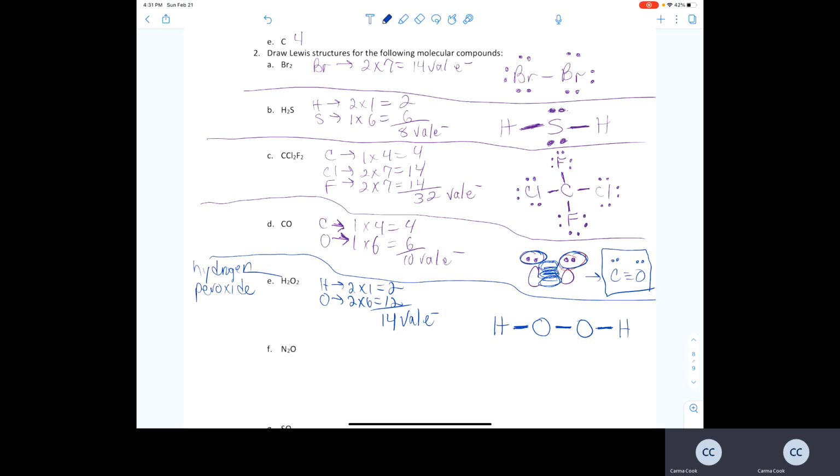So the remaining electrons that I need to put in are 8, and I'm going to put those, 2, 4, 6, 8, around the oxygens. Now the oxygens are happy. They have 2, 4, 6, 8 electrons around them. And the hydrogens are happy with just having 2 electrons around them.